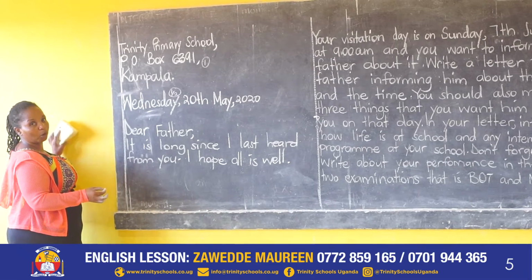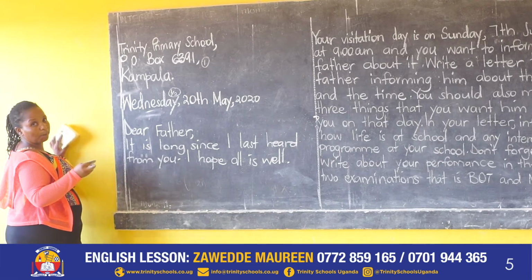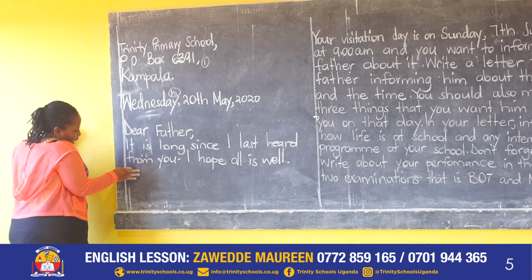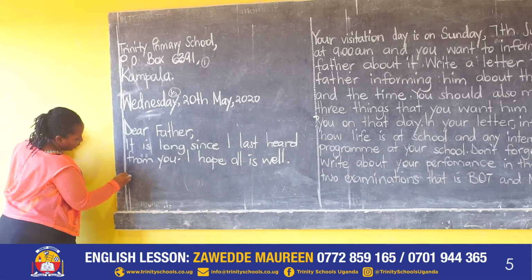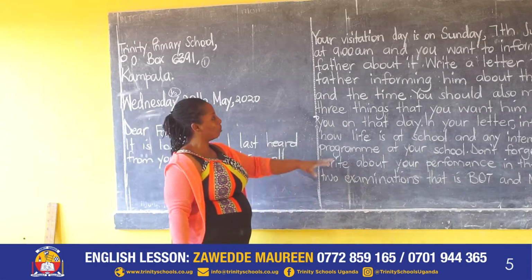This type of block paragraphing requires you to put the paragraphs in blocks. If you are going to skip a line here, I skip a line, and then I start a new paragraph here. How am I forming my paragraph?